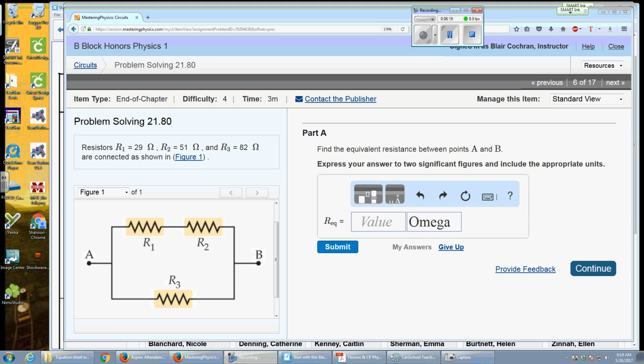All right, so number 6, we're given some resistances, and we're asked to find the equivalent resistance, right? So for this type of problem, I think your Y only needs to really be the diagrams that you would use. So I'm going to cheat and start off with their diagram.